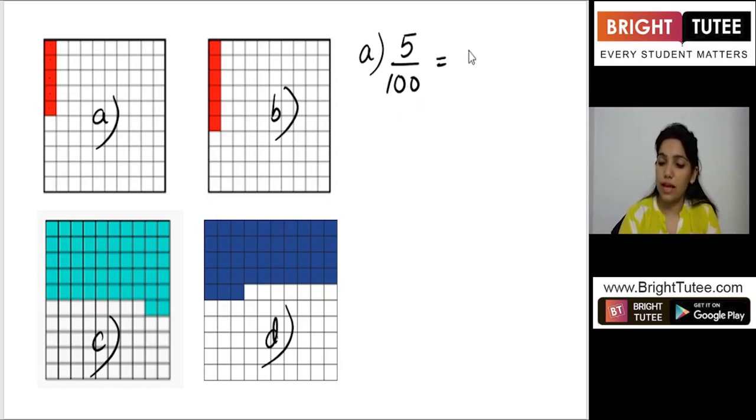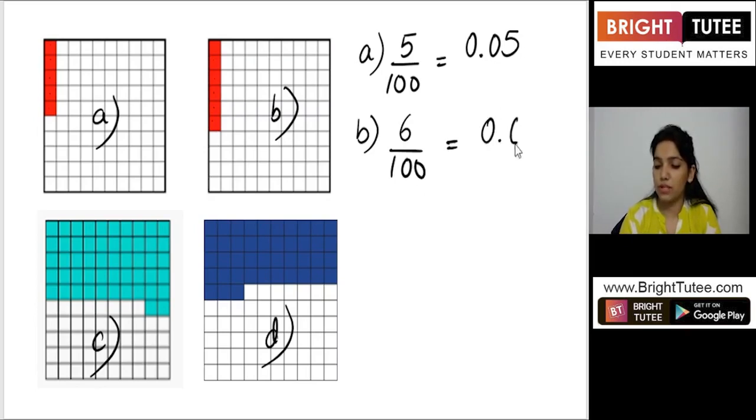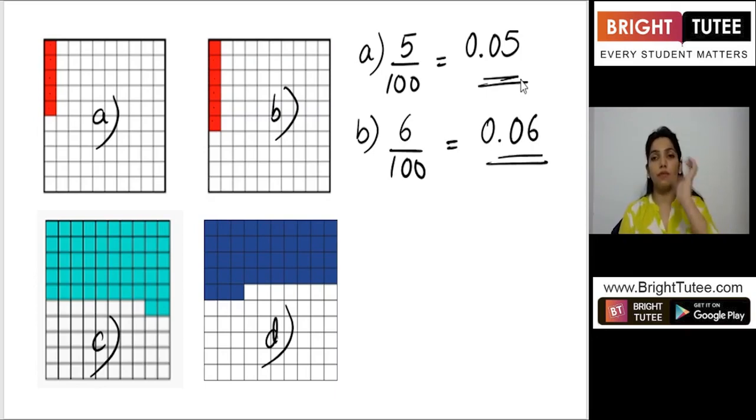And we can write this as 0.05. Okay. Now the B part. How many do you see shaded out of 100? 1, 2, 3, 4, 5, 6. So it is 6 over 100, or we write it as 0.06 in decimals. So do you see? We are writing in fractions and then we are writing in decimals.